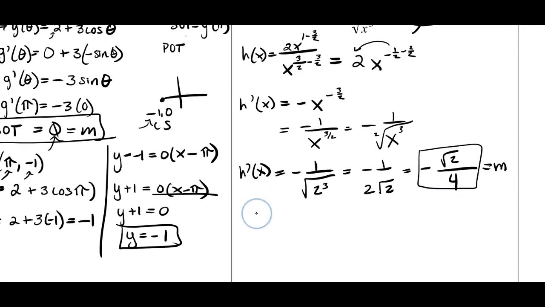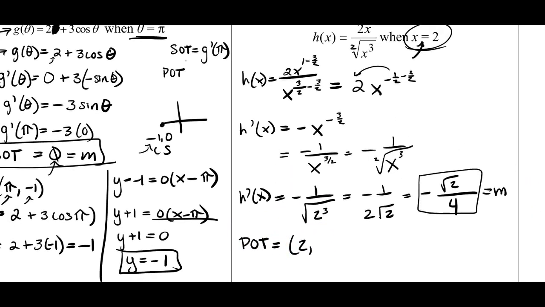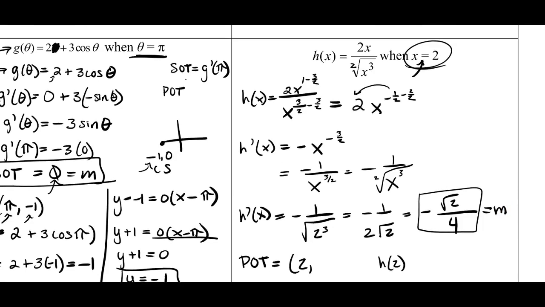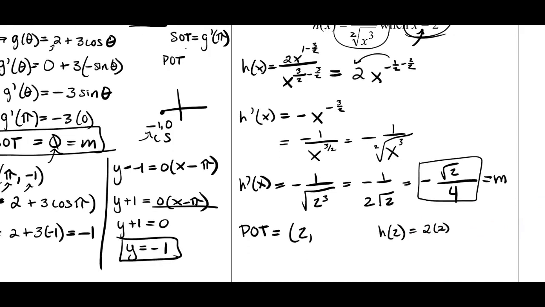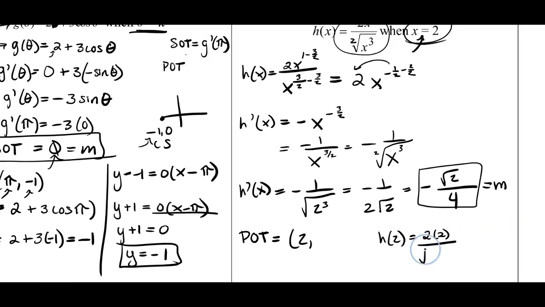Now I need to find my point of tangency. I'm given that x equals 2, and I need to find my h of x. It's going to be this function up here, evaluated where x equals 2. 2 times 2 over the square root of 2 cubed, or 4 over radical 8.